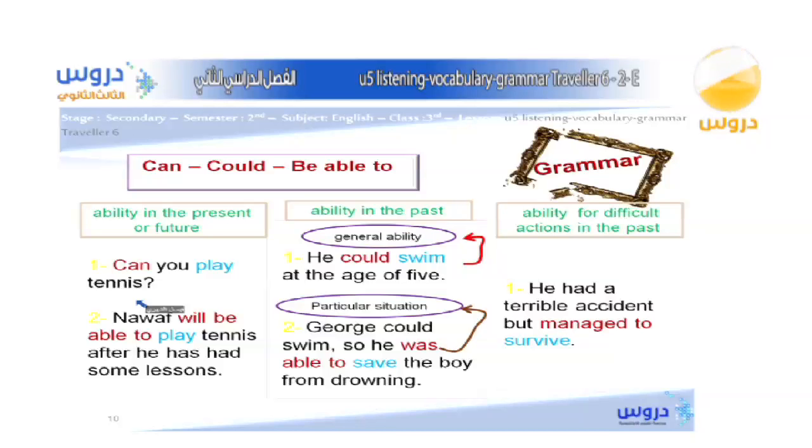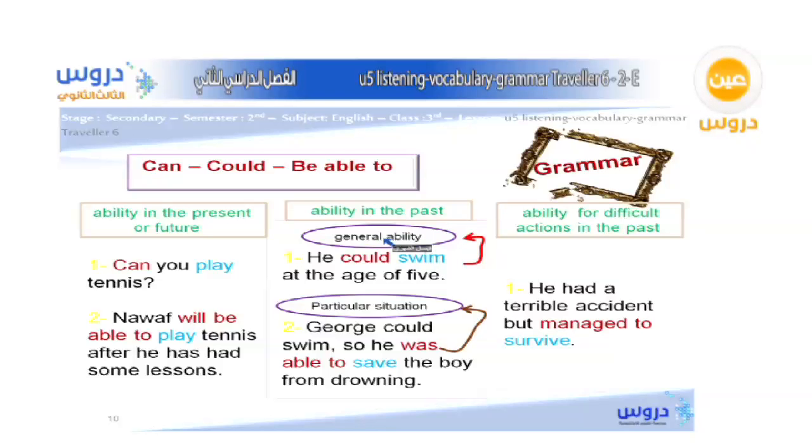Can you write? Can you jump? Okay. Number 2, Nawaf will be able to play tennis after he has had some lessons. Okay, that is ability in present or even in future, as you can see in this sentence. So it is not difficult to make a sentence with the word can.